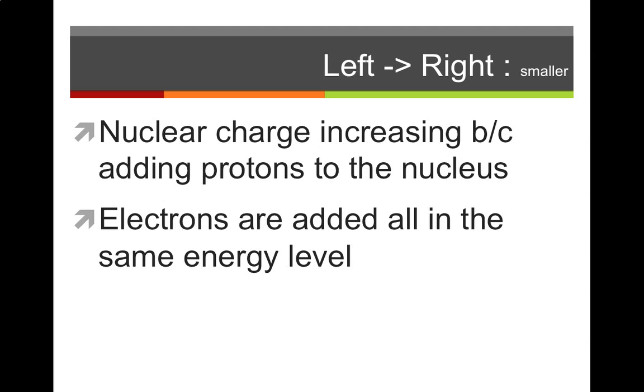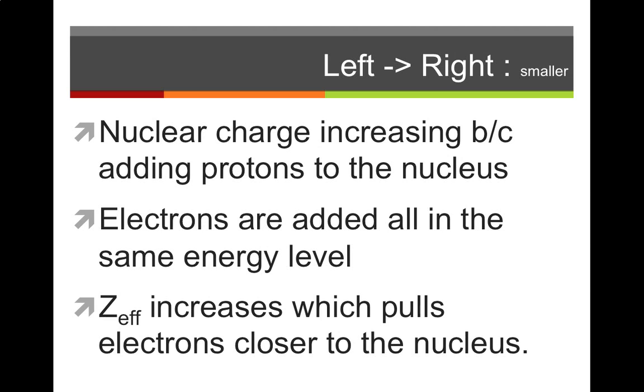So since we're adding more protons and more electrons, those positive and negative charges are going to be pulling each other in more. So the effective nuclear charge increases, which pulls the electrons closer to the nucleus, like those magnets of opposite poles. They're pulling each other towards the nucleus even more. So it's getting smaller, even though I'm adding more protons and electrons.